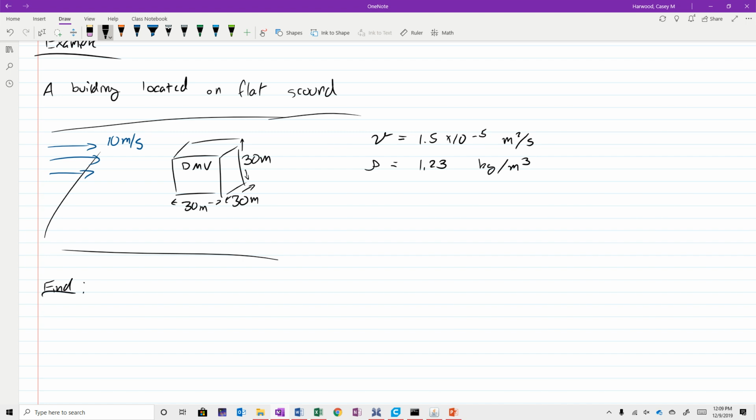So in this case, we're asked to find simply what's the wind load on the building. What is the force going to be on the building exerted by this 10 meter per second wind? So first step in this solution is going to be to see if there's an entry in that table I just showed you. So let's pull that up for a moment.